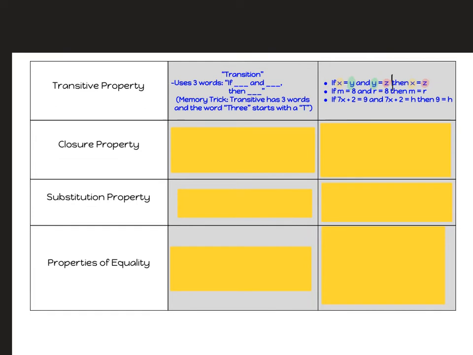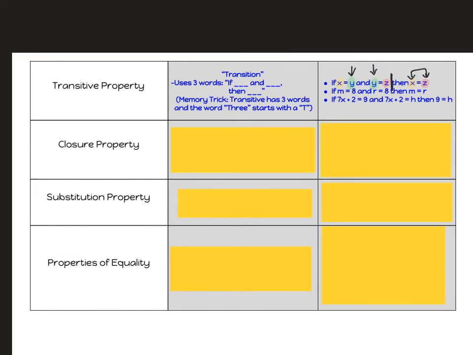So I'm going to draw a little black line before the word then. As you can see, the variable y repeats twice to the left side, but is not included on the right side because we are realizing that if x must equal y and if z must equal y, then we can say that x and z are equal.